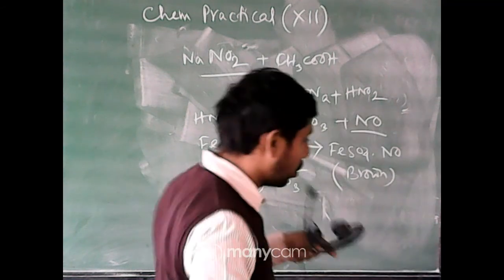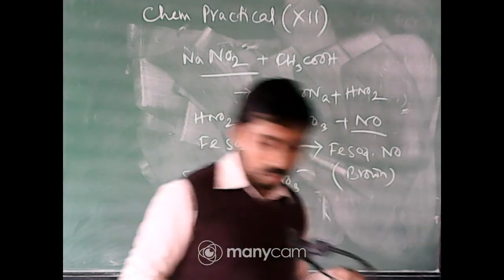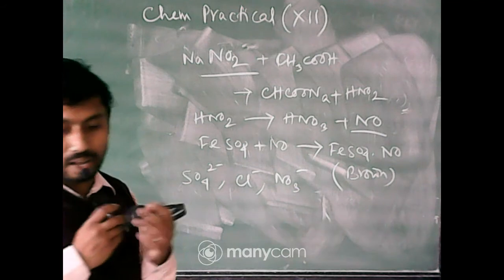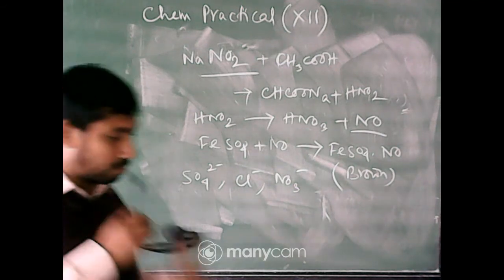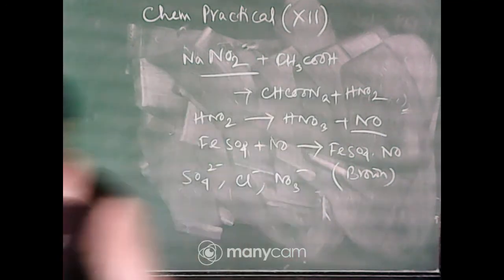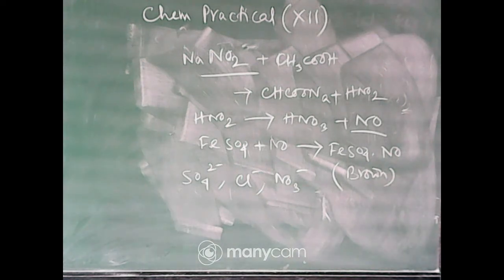Okay, students. So, group 4 for iron and aluminium. What are the group reagents for that?